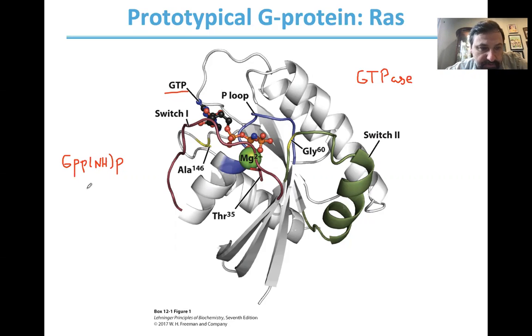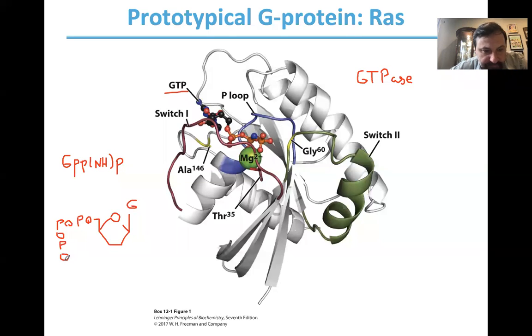Normally, GTP has this structure: guanine, and then you have oxygen, phosphorus, oxygen, phosphorus, oxygen, phosphorus.